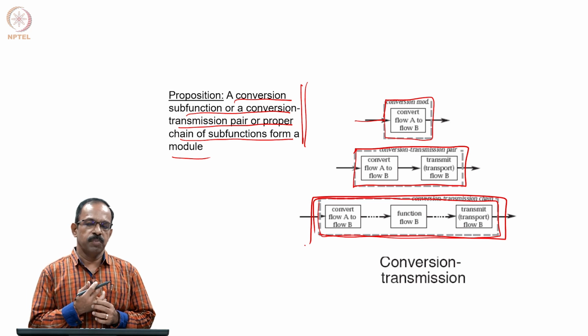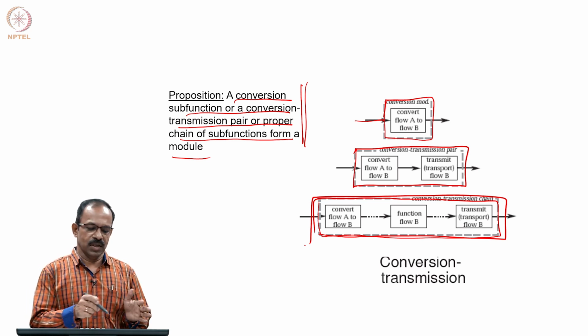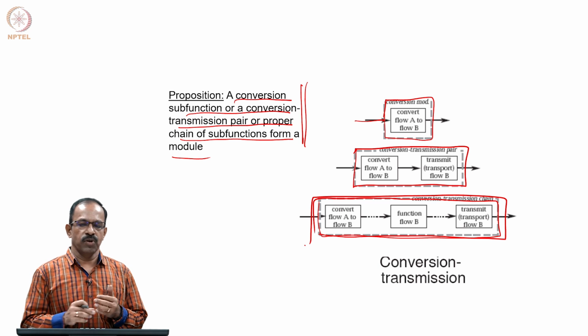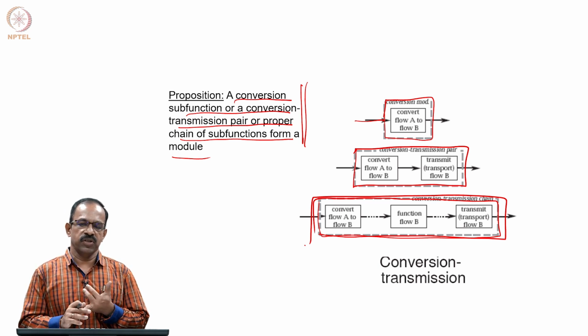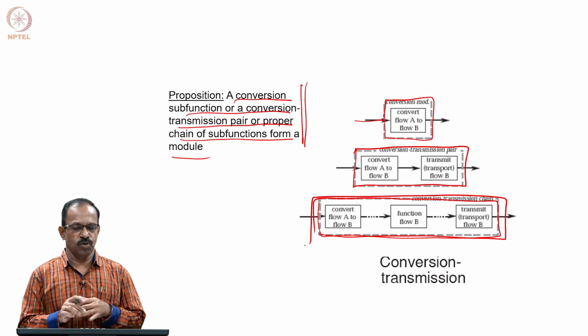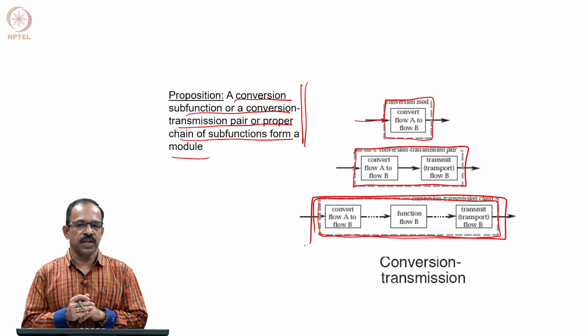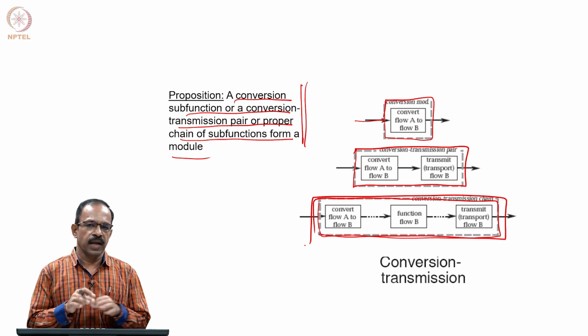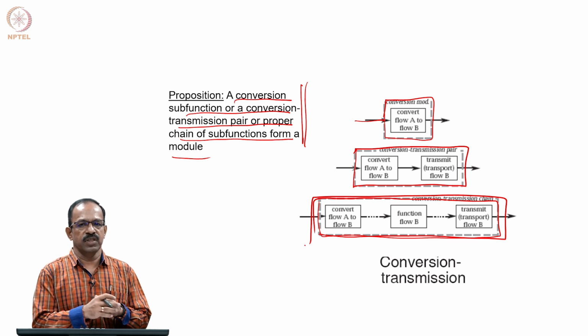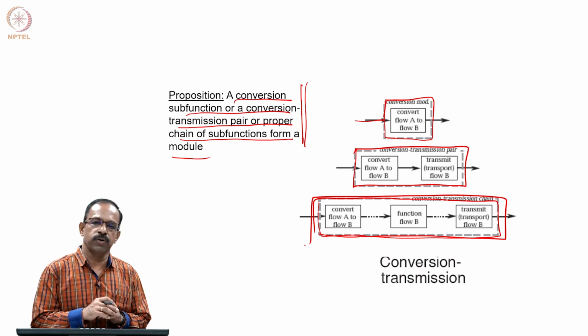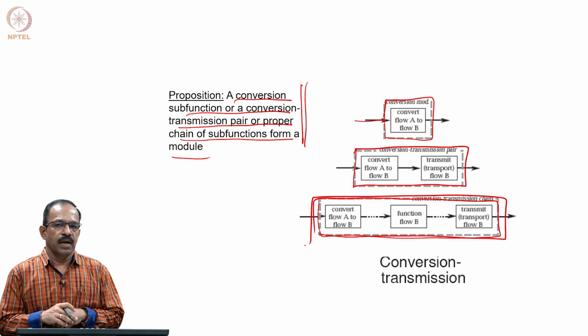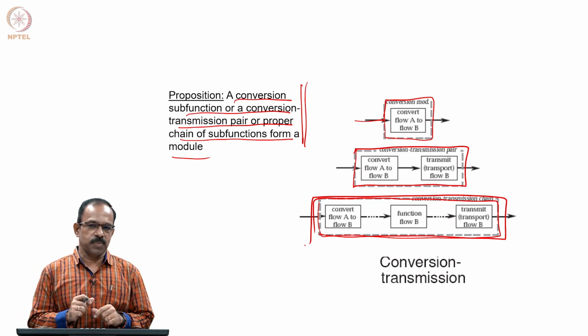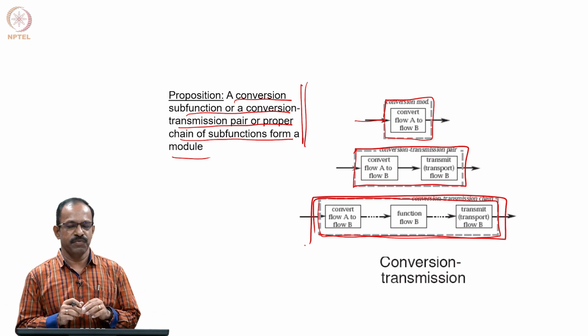So this way you will be able to identify the modules using these 3 heuristics: the dominant flow, the branching flow and the conversion transmission. Most of the potential modules in a product can be identified using these 3 heuristics. As I told you, there will be a lot of overlaps between the identified modules.